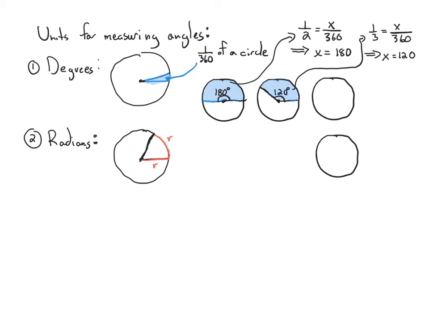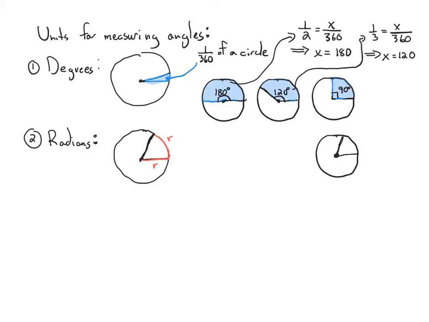1/4 of a circle, I'll just draw these in, but you can check them the same way. This is, of course, 90 degrees, and instead of that angle marking, we usually use a square for a right angle, a 90-degree angle. 1/5 of a circle, that's something along the lines of this.